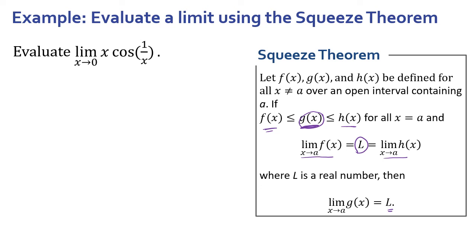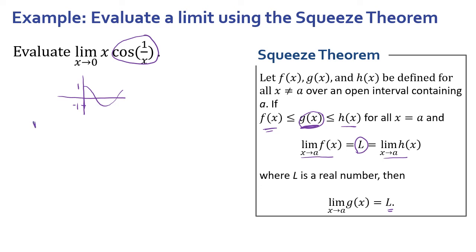So let's think about this. So remember with the cosine graph back in trigonometry, the maximum value that that cosine graph takes on is 1. The minimum value it takes on is -1. So I know that this is going to be greater than or equal to -1 and less than or equal to +1. So if I'm looking for that f of x and h of x, here's what I would do.